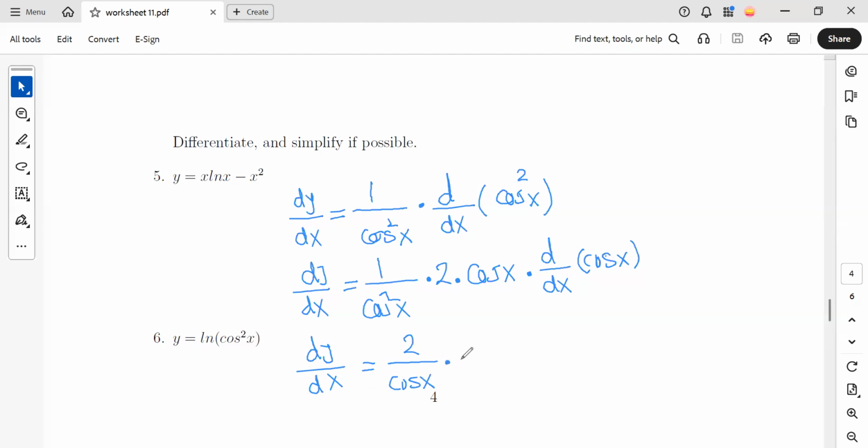And the derivative of cosine, which is negative sine. And we know that sine over cosine is tan. So we would get negative 2 tan x.